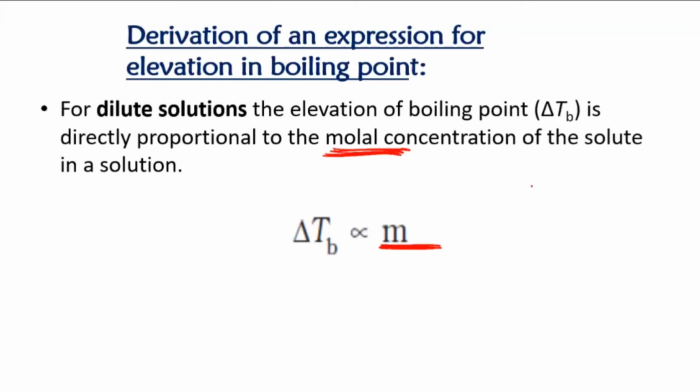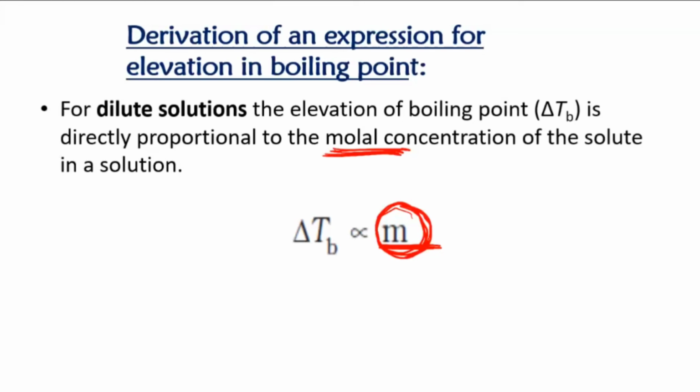So there is a lot of fluctuation in molarity, and it's difficult to handle. It is easier for scientists to handle molality. We take molal concentration because it doesn't change with temperature.